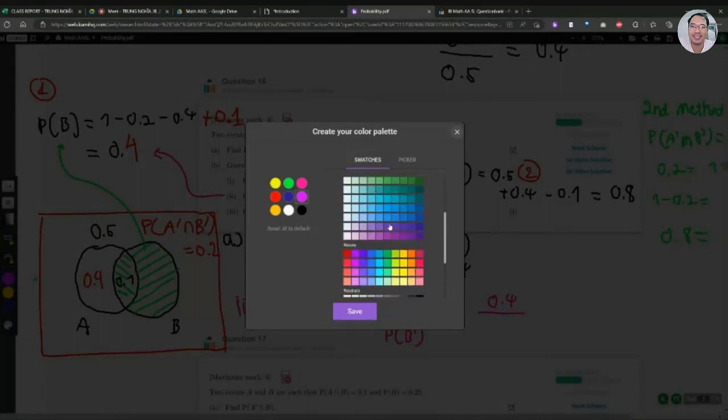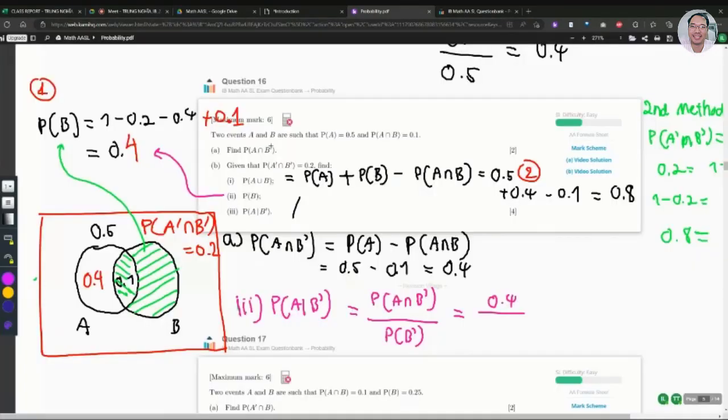Not B is like PB minus the intersection at the middle, right? Yeah, exactly.